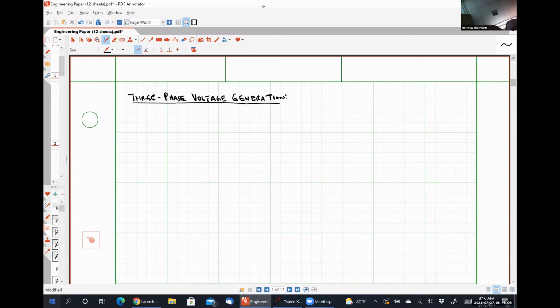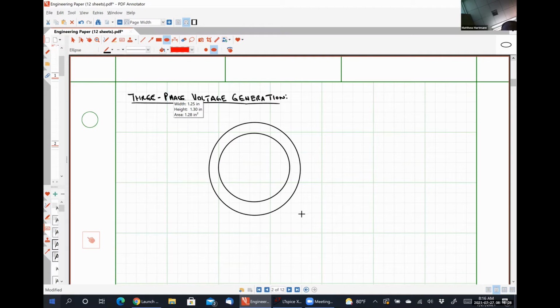So all right, so these two concentric circles that I've drawn represent what's called the stator of a rotating electric machine.